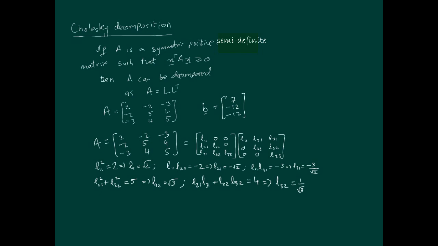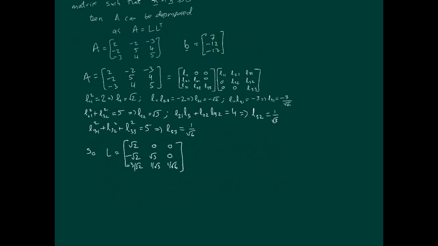That leaves us with just the one equation, the final one: L31 squared plus L32 squared plus L33 squared, and that is supposed to be equal to 5. Of course, we already have L31 and L32, so this is quite simple. Then L33 turns out to be equal to 1 over square root 6. Therefore, we get this L.